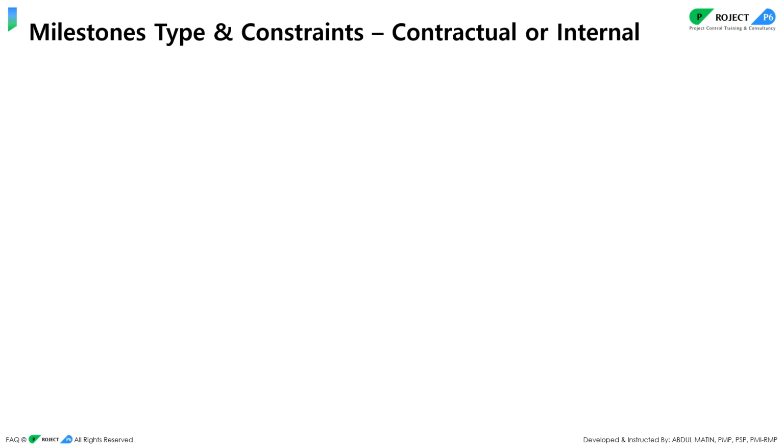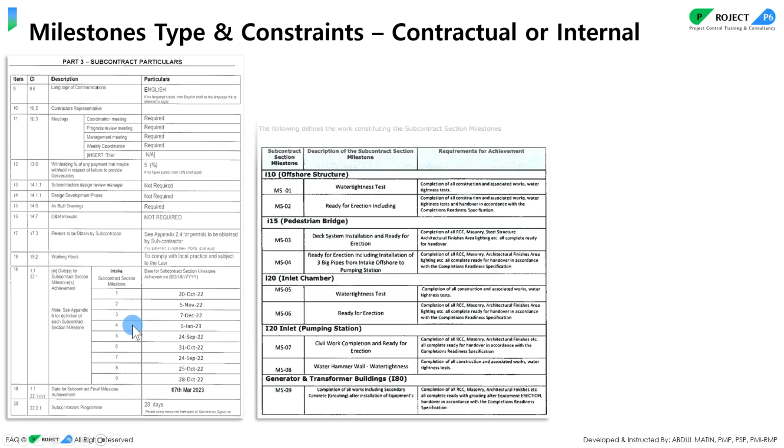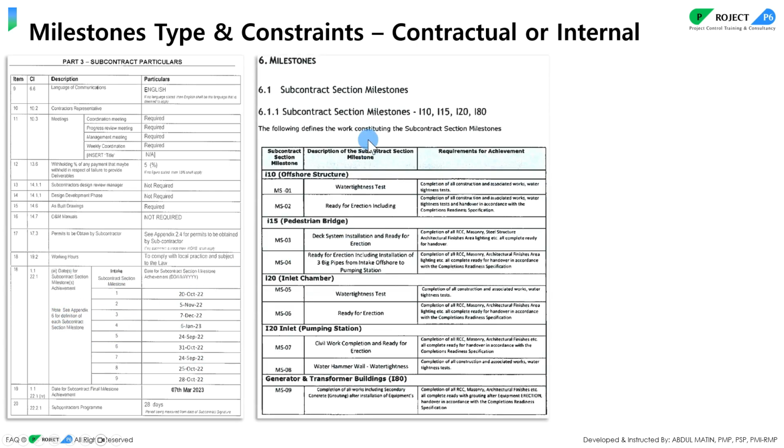Okay, so we'll see here in the subcontractor particulars part, there are 9 milestones mentioned in the contract with dates. And these contract milestones are mentioned in appendix 6 in the contract. So we have to complete all of these tasks or all of these milestones within these dates.